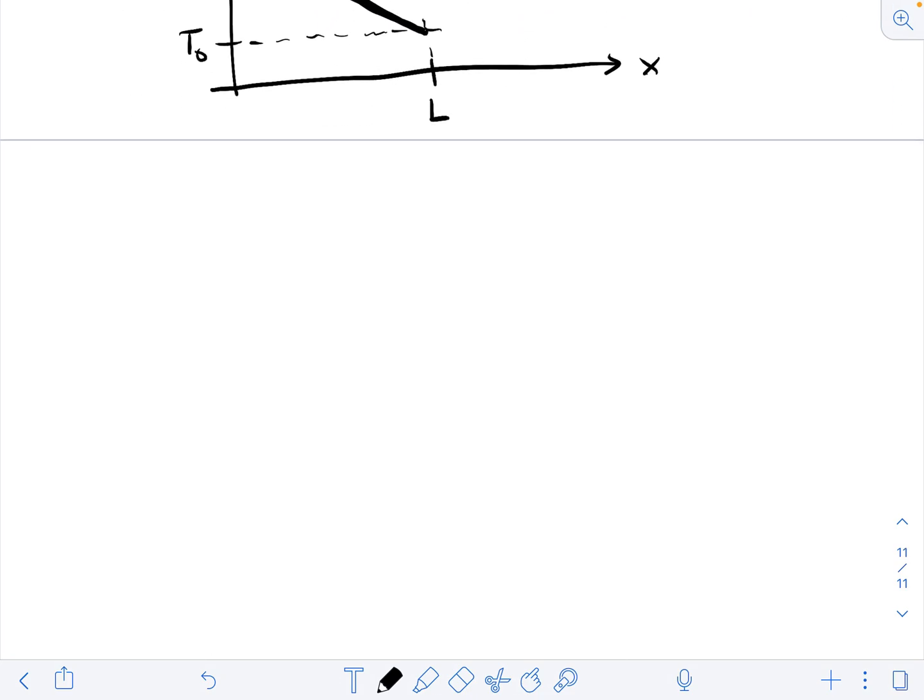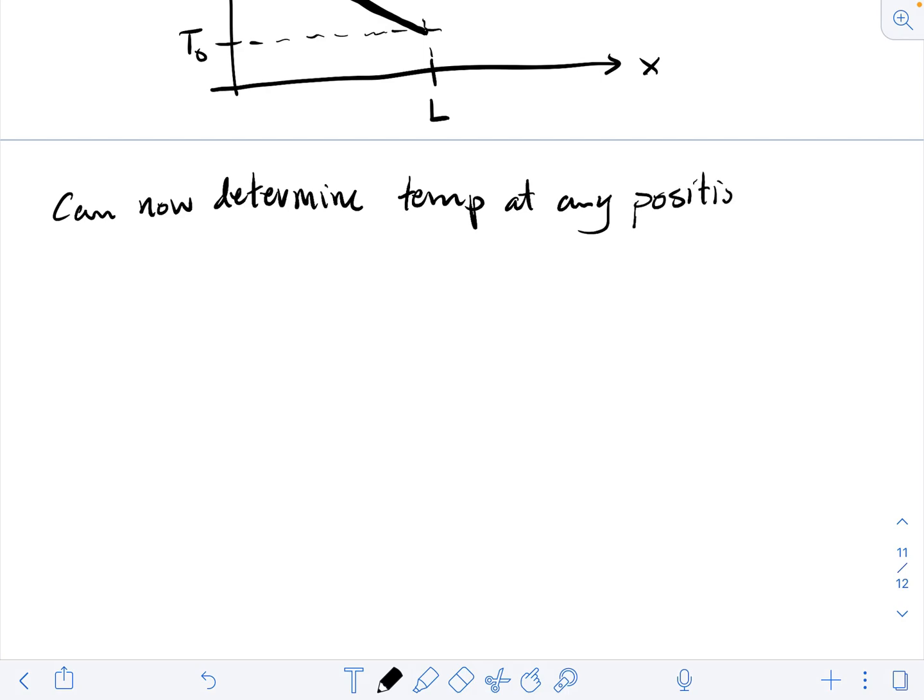So here are the conditions that I'm going to plot. First, maybe I'll say we can now determine the temperature at any position along the rod at any time.